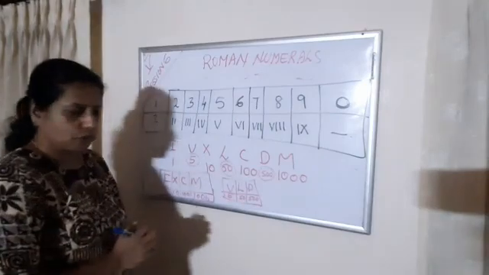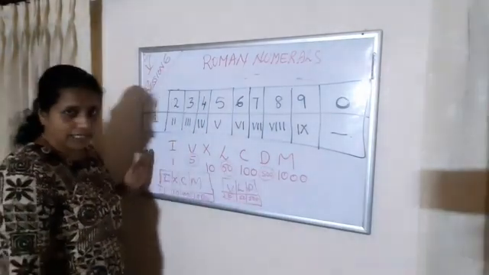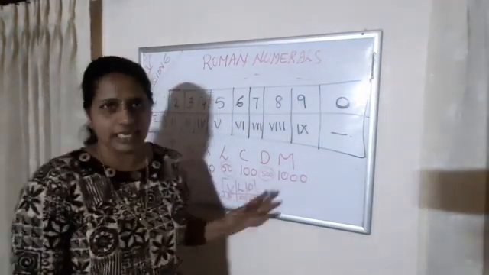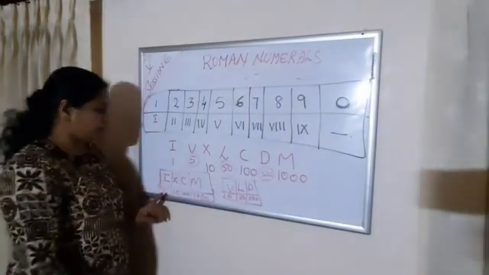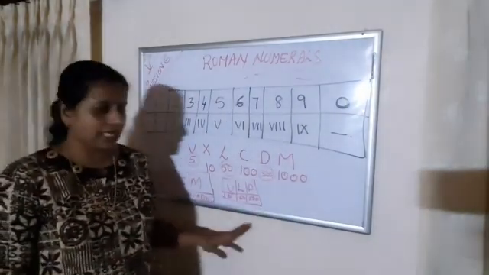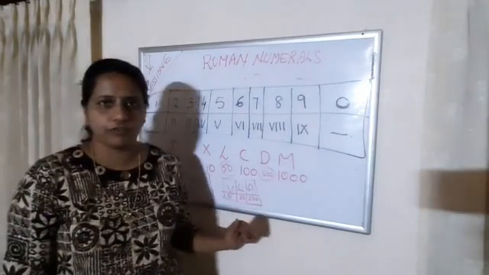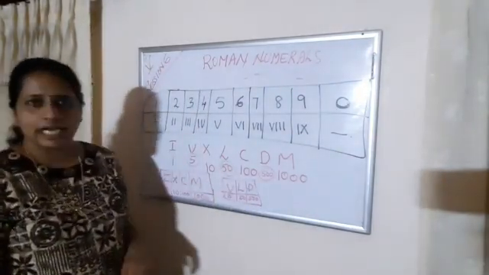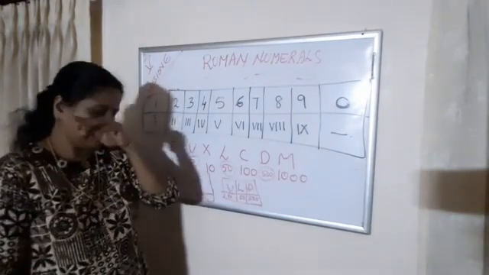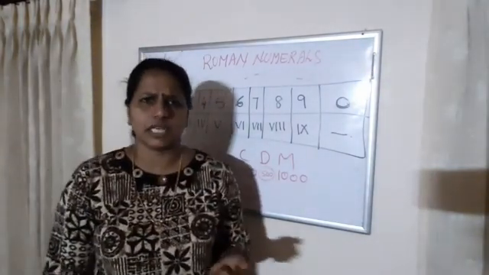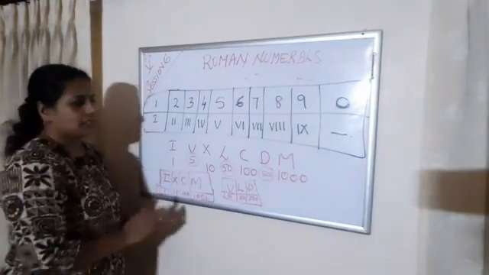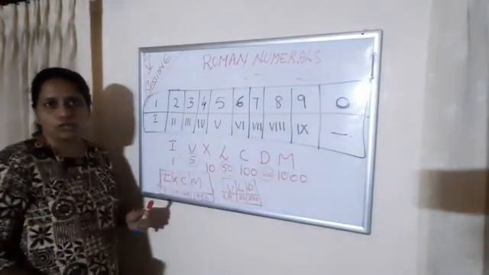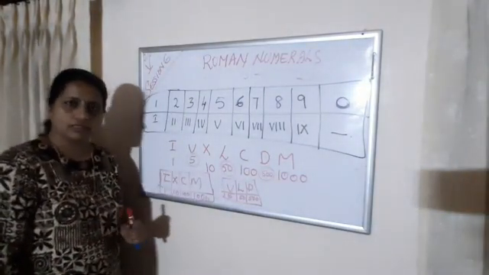So we have two groups. One is the I, X, C, M group and another one is the V, L, D group. In the I, X, C, M group, 1, 10, 100, 1000, and in the V, L, D group, 5, 50, 500. Study this well, then only you can write Roman numerals. Then some rules are also there. I'll tell how to follow the rules to write these Roman numerals.